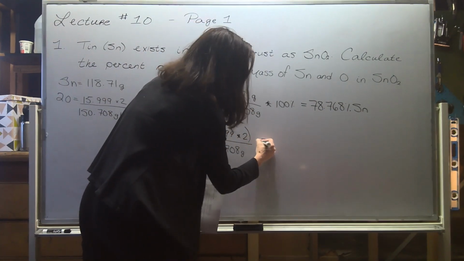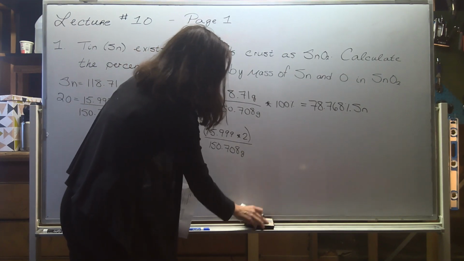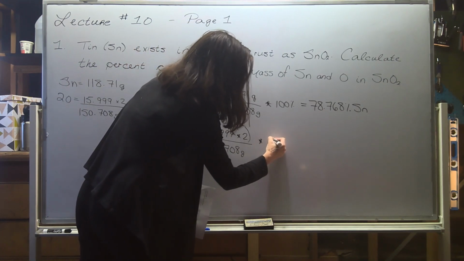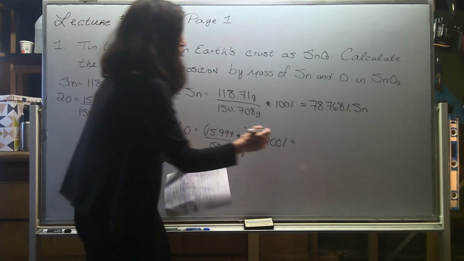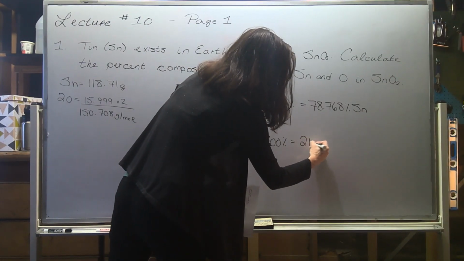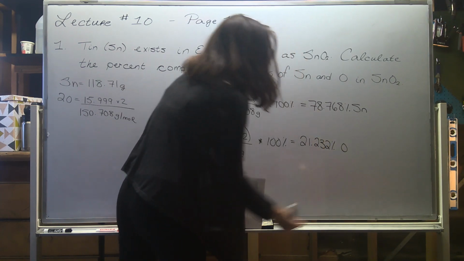Here I got, we need to multiply that by 100, because it's a percent. And I obtain 21.232% oxygen.